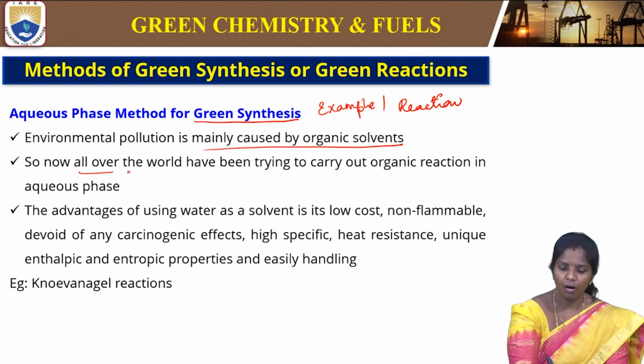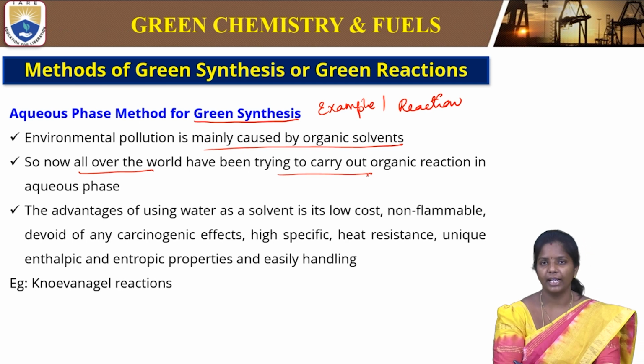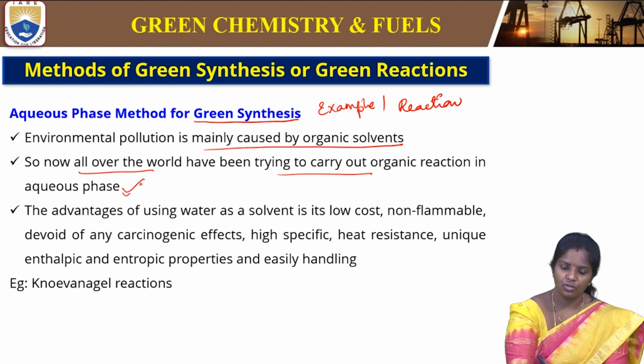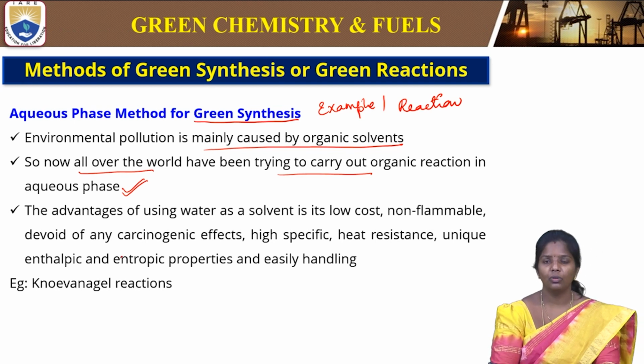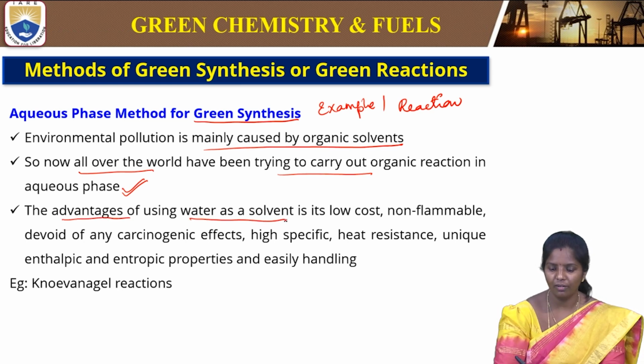So now all over the world people have been trying to carry out organic reactions in aqueous solution. We are prominently preferring aqueous based reactions so that hazardous organic solvents are avoided. The advantage of using water as a solvent is its low cost.